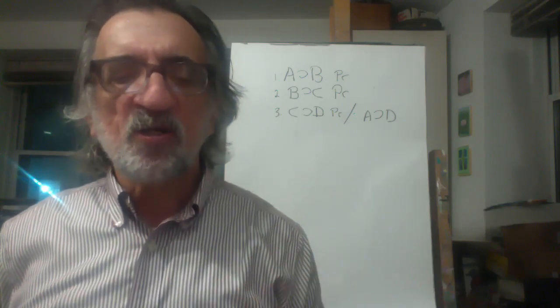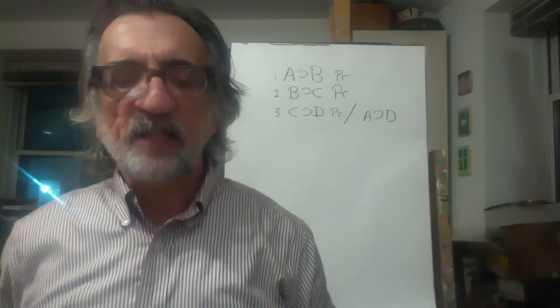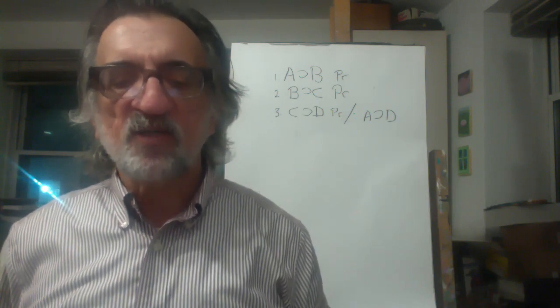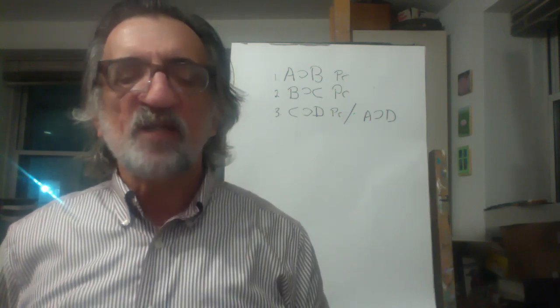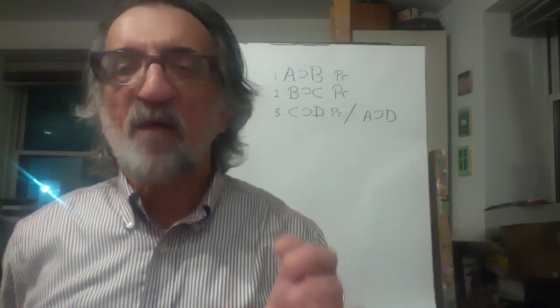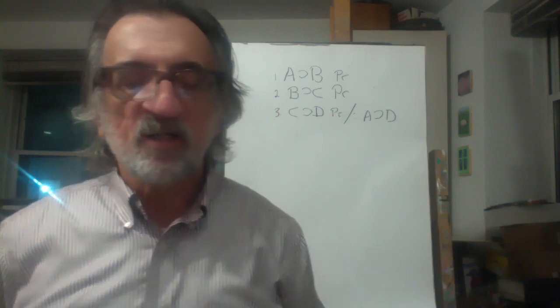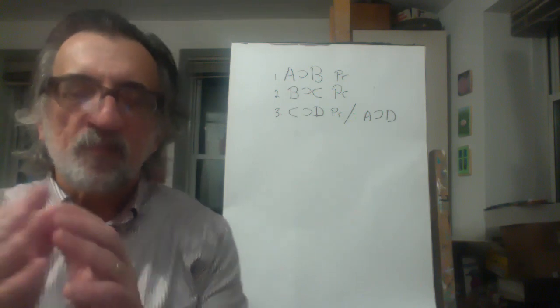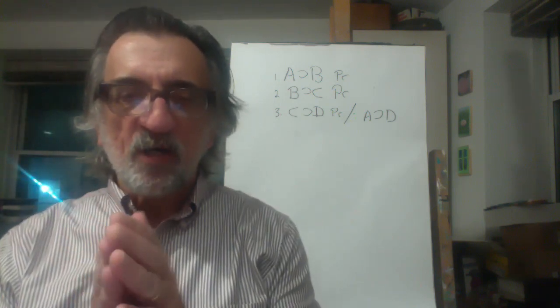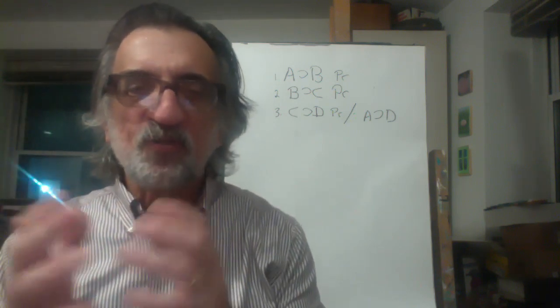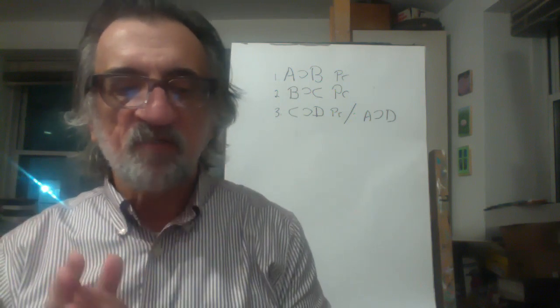In a conditional, you cannot have a true antecedent and a false consequent. And in a valid argument, you cannot have true premises and a false conclusion. So how are these two related in conditional proof?